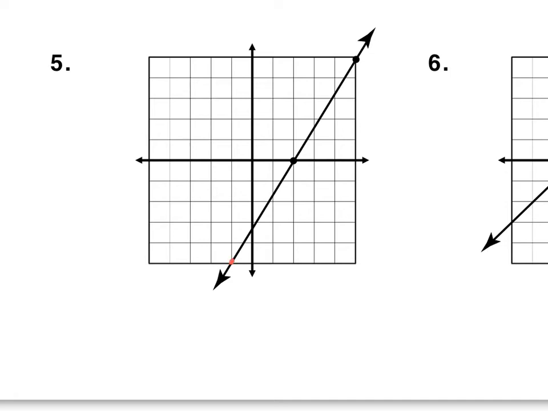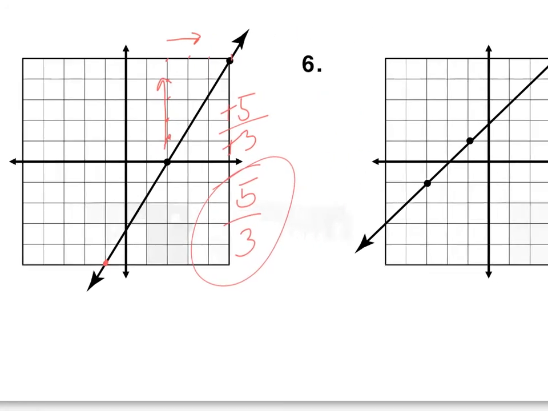I'm just going to go with what I've got here, so I'm going to go up, I'm going to go to the right. Both of those are positive moves. 1, 2, 3, 4, positive 5, right, over 1, 2, 3, positive 3. Fractions, like I said, are great. Just simplify them. We don't need to change this to a mixed number. Improper fractions are actually better than mixed numbers when it comes to slope. So 5/3, good to go there.